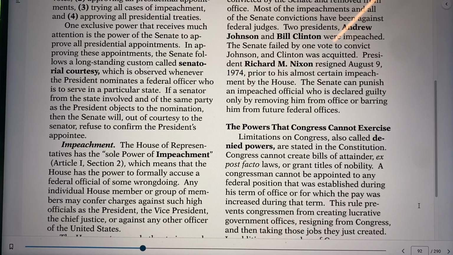When the president nominates a federal officer to serve in a particular state, and the senator from that state, of the same party, says no, they don't want to be working with that nomination of the president, then the Senate will, out of courtesy to the senator, refuse to confirm the president's appointee.